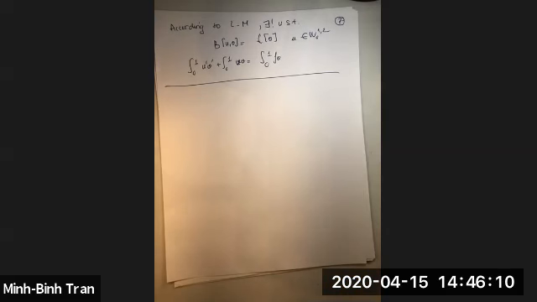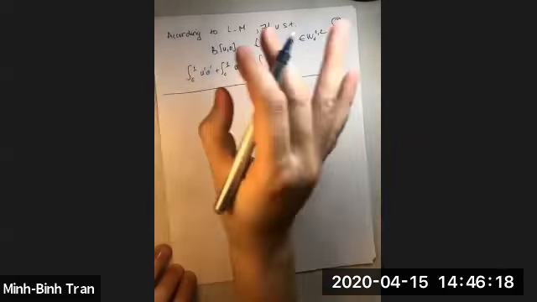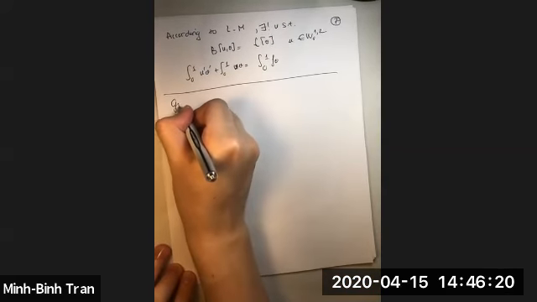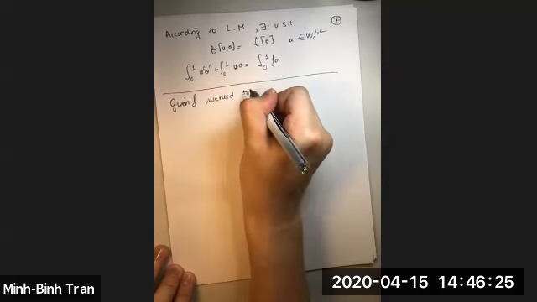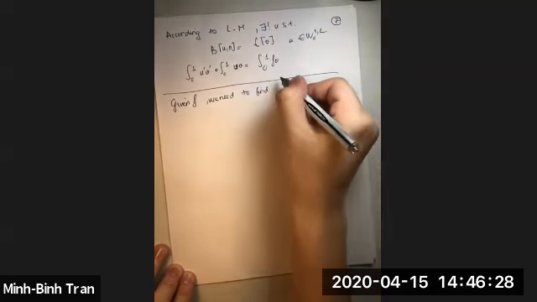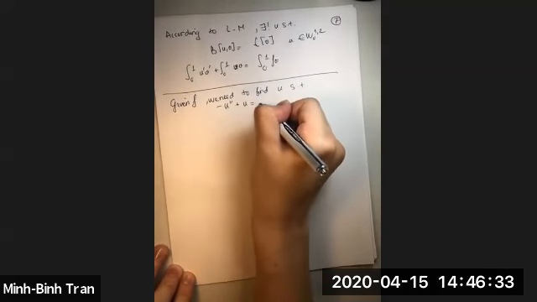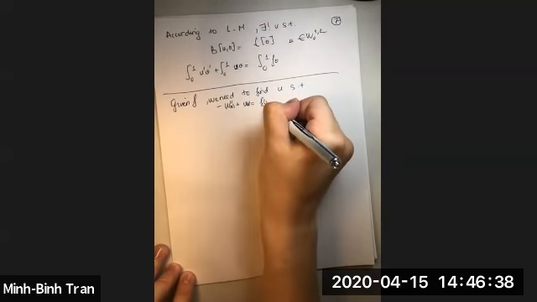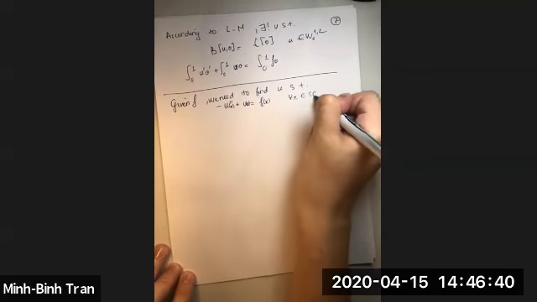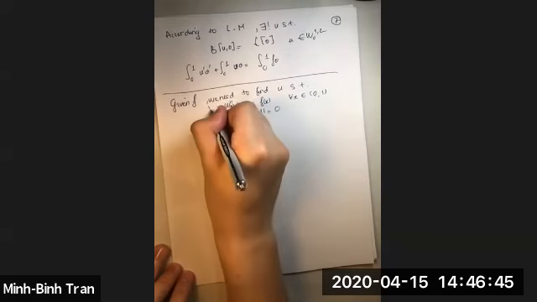So again, let me explain the intuition of this, right? The idea is the following: given F, we need to find U such that minus U second plus U is equal to F, for all of the X from 0 to 1, and U at 0 and U at 1 are both 0, right?